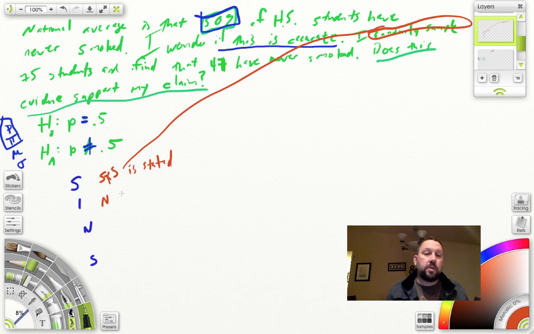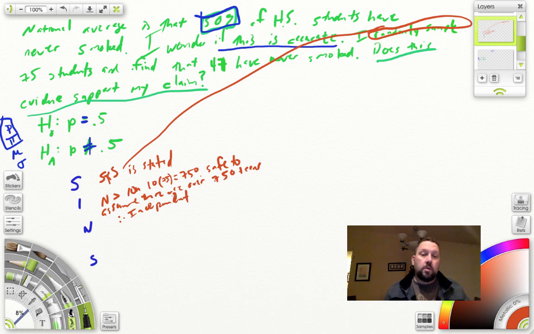Independence, just like we did when we did confidence intervals, we have to show that N is at least 10n. So 10 times 75 is 750. Safe to assume there are over 750 teens, therefore independent.